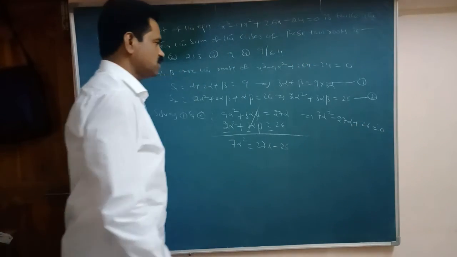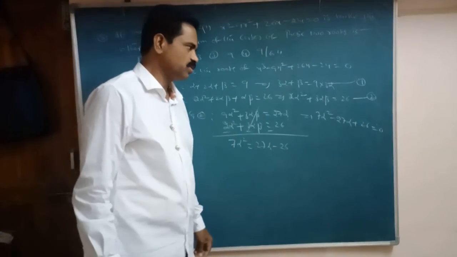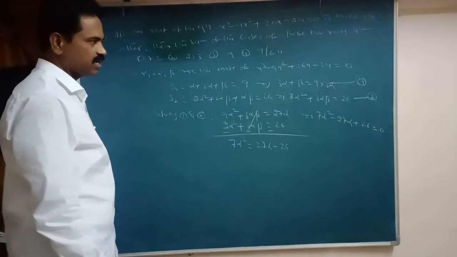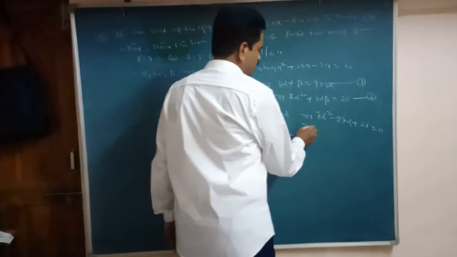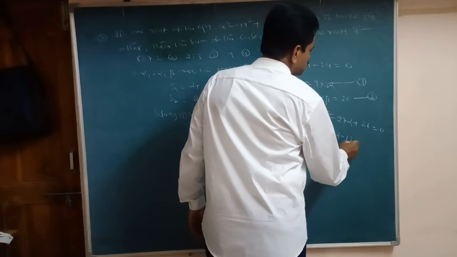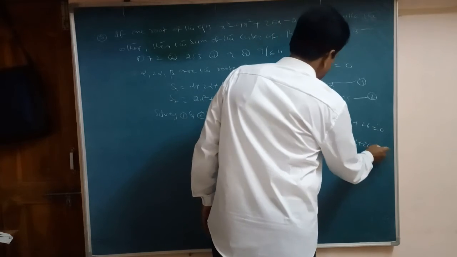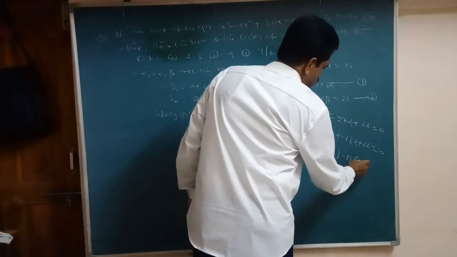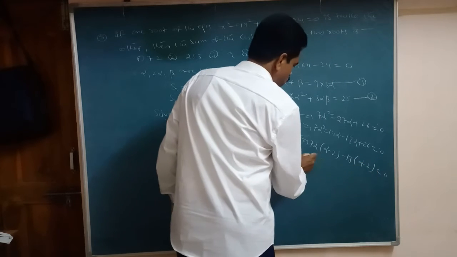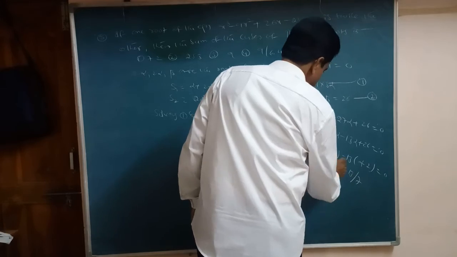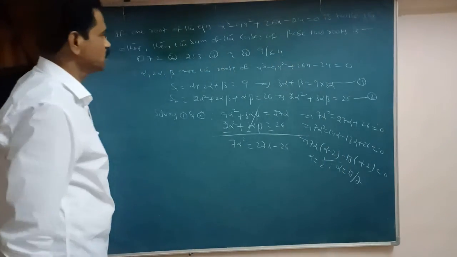Factors: 7, 26, 2 into 13. 7 into 2 is 14, 14 plus 13 is 27. So we can write 7 alpha square minus 14 alpha minus 13 alpha plus 26 equal 0. So 7 alpha common, alpha minus 2. It is a fraction, so which is there? Alpha equal to 2.